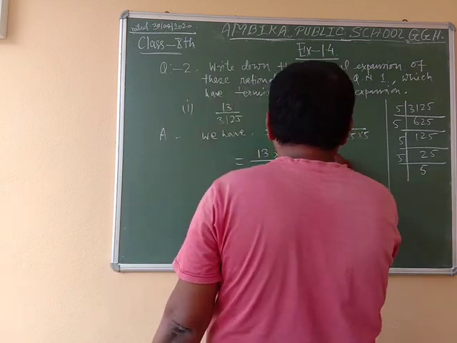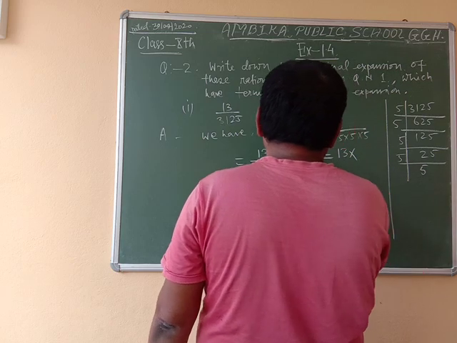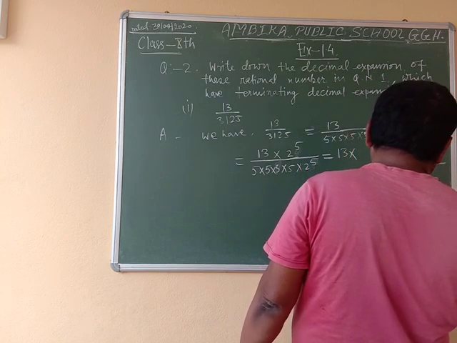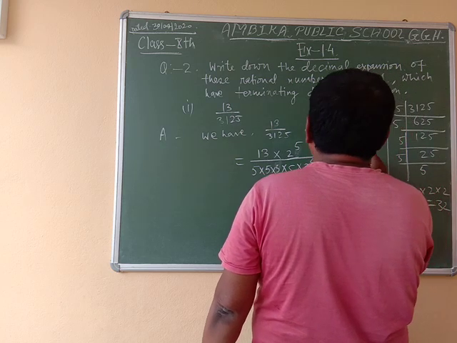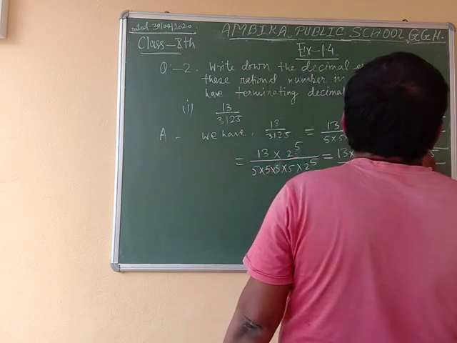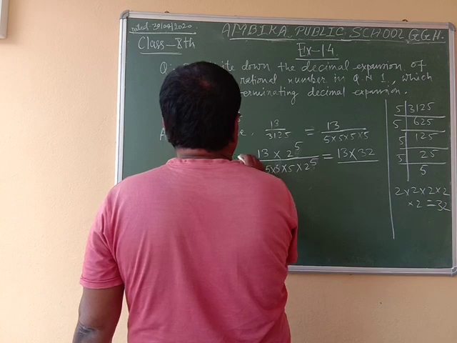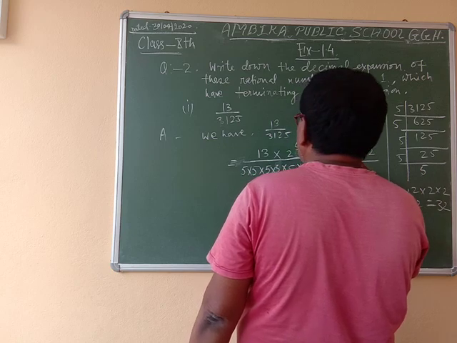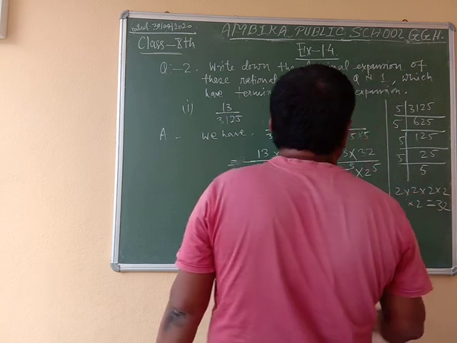Is equal to 13 into 2 to the power 5, which is 2 into 2 into 2 into 2 into 2 equals 32. So we get 32 by 5 to the power 5 into 2 to the power 5.